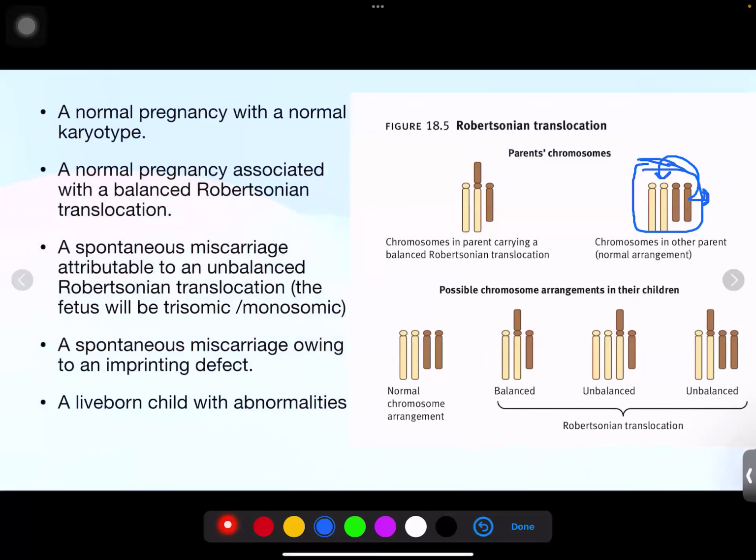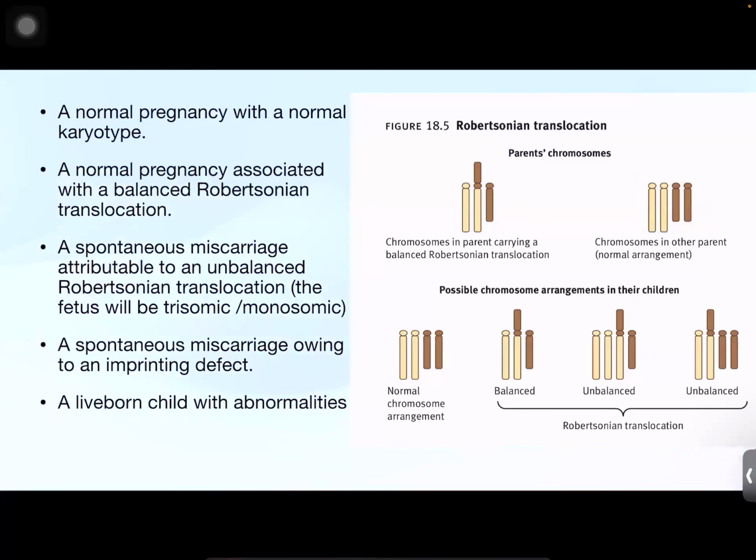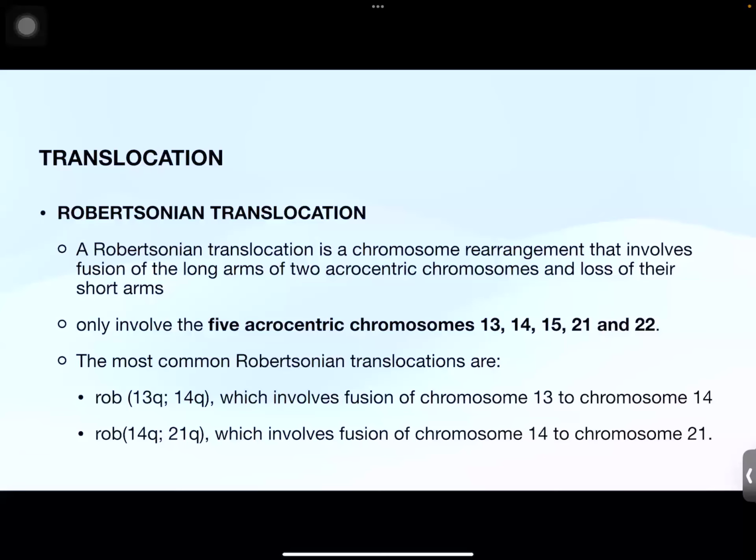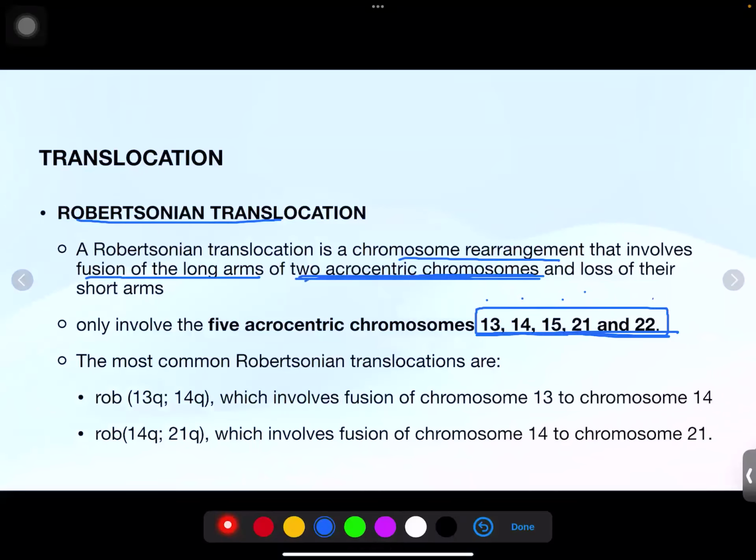So this brown chromosome moves to this yellow chromosome. So when the long arms of two acrocentric chromosomes fuse, that is called the Robertsonian translocation. Robertsonian only involves the 5 acrocentric chromosomes, because only they have the long arms.